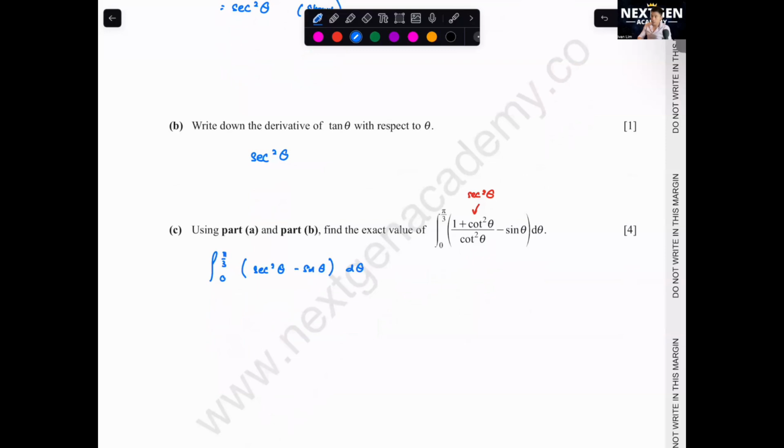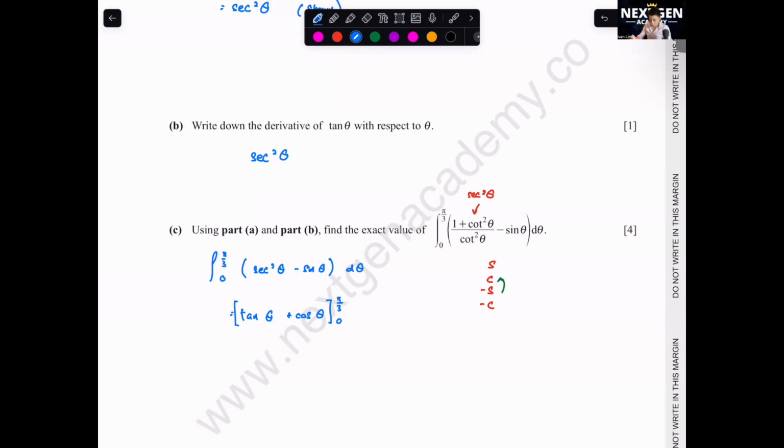From here, when we integrate secant square, we'll get tangent. So tangent theta minus sine will be what? We use the acronym S C, negative S, negative C. Negative sign, you go up, will become positive cos. So positive cos theta from 0 to pi over 3.